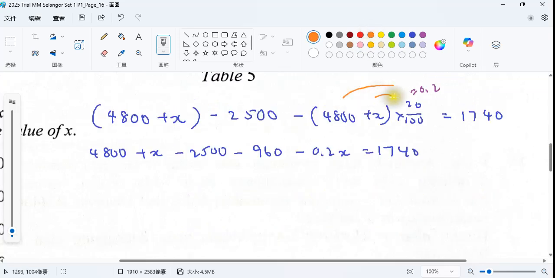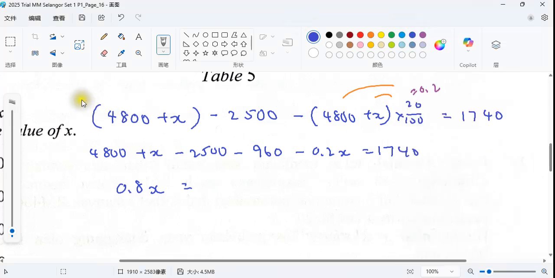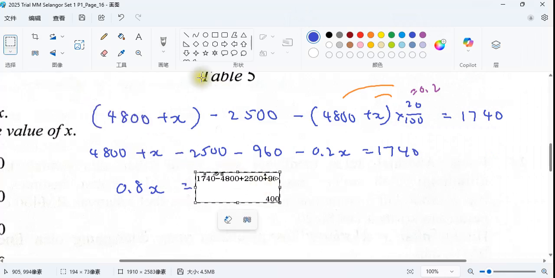And then we will have 0.8x equals 1,740 minus 4,800 plus 2,005 plus 960. Then we will have 400 here.